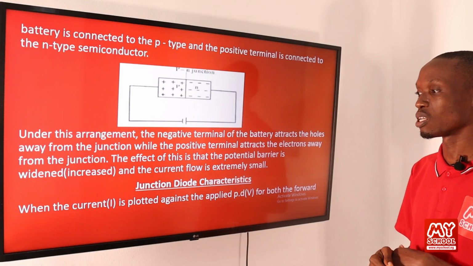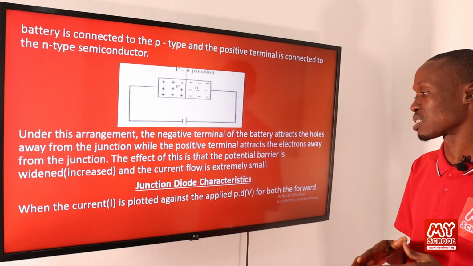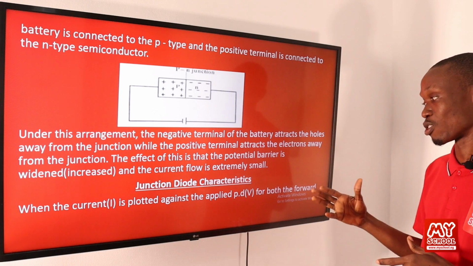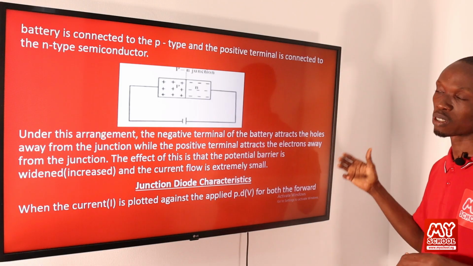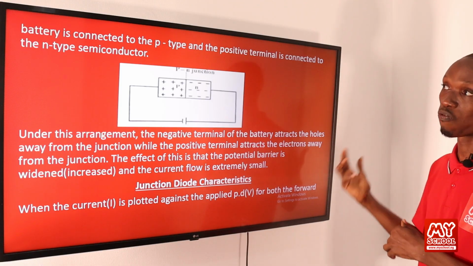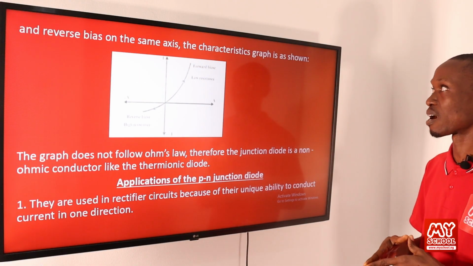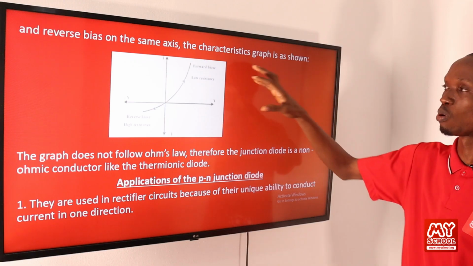Now let's talk about junction diode characteristics. When the current I is plotted against the applied potential difference V for both the forward and reverse bias on the same axis, the characteristic graph is as shown below.